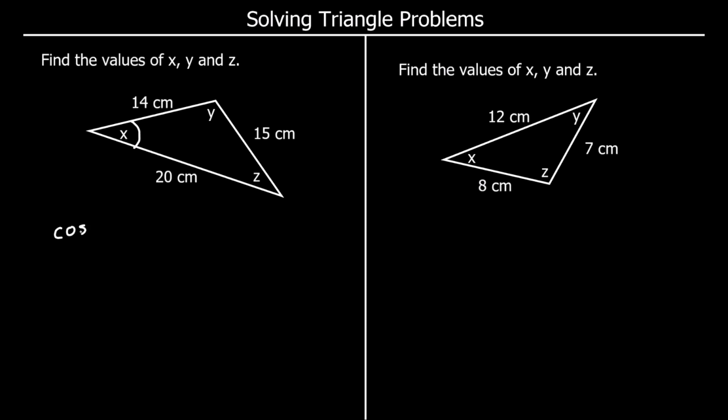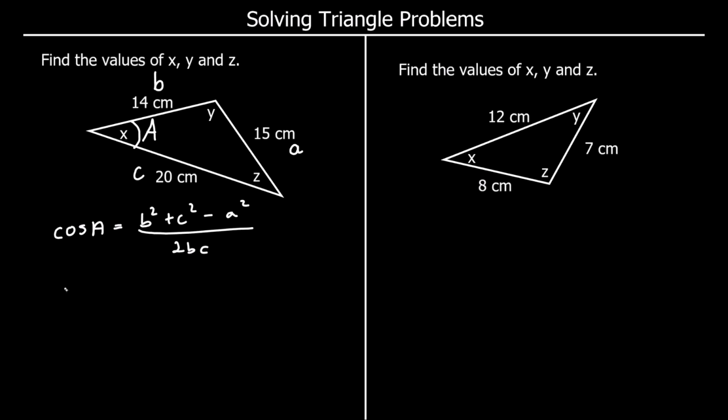So cos A equals b squared plus c squared minus a squared over 2bc. And if our x is our big A, that means the 15 opposite it is little a, and the other two sides are b and c.